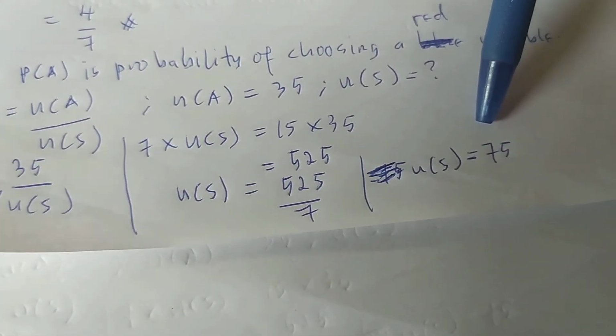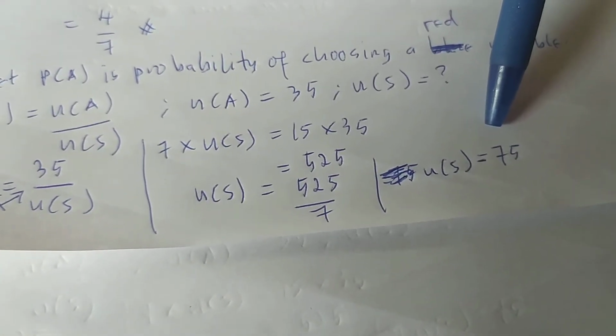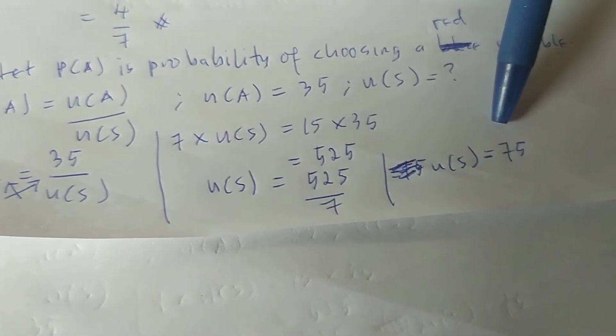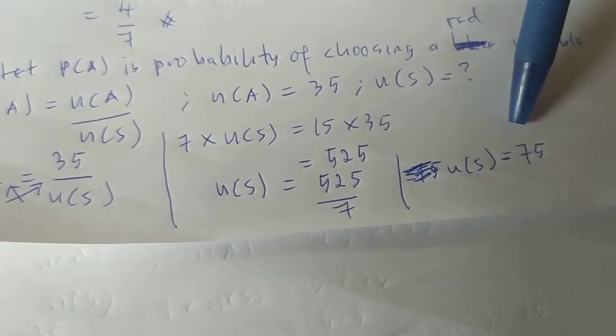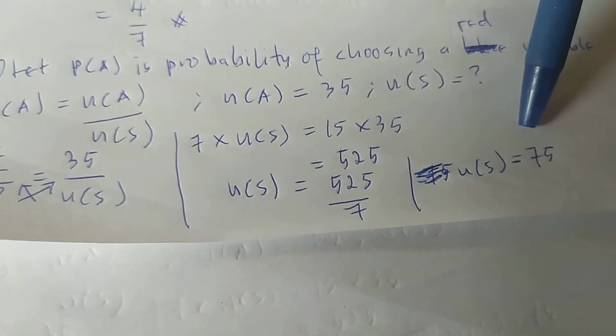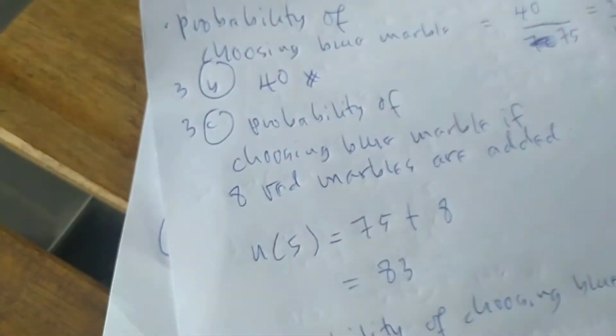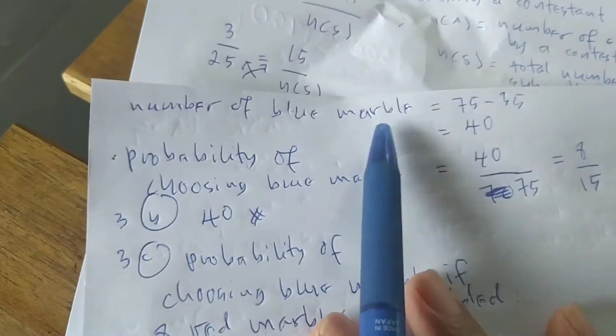So how to know the probability of choosing a blue marble? Then what to do?